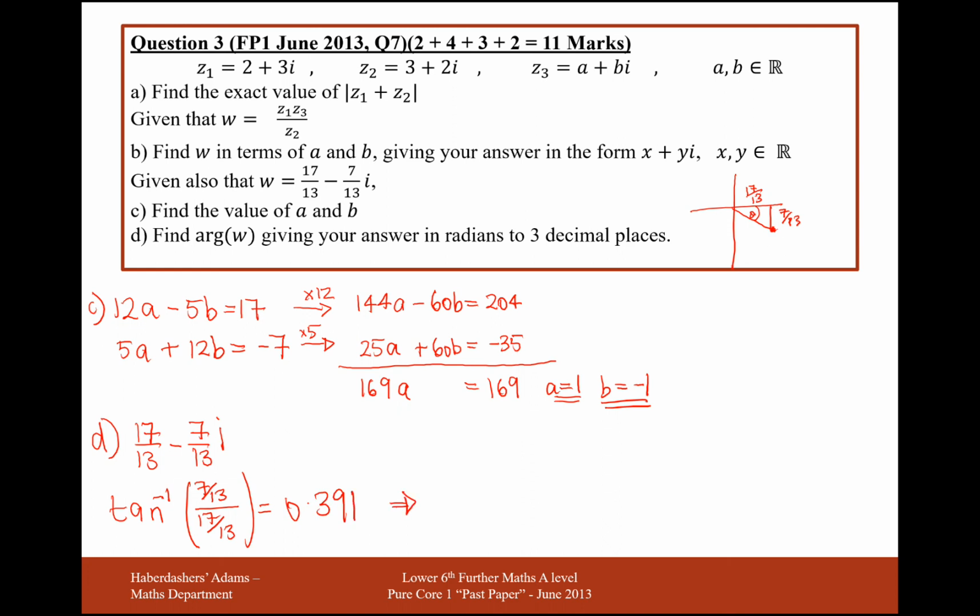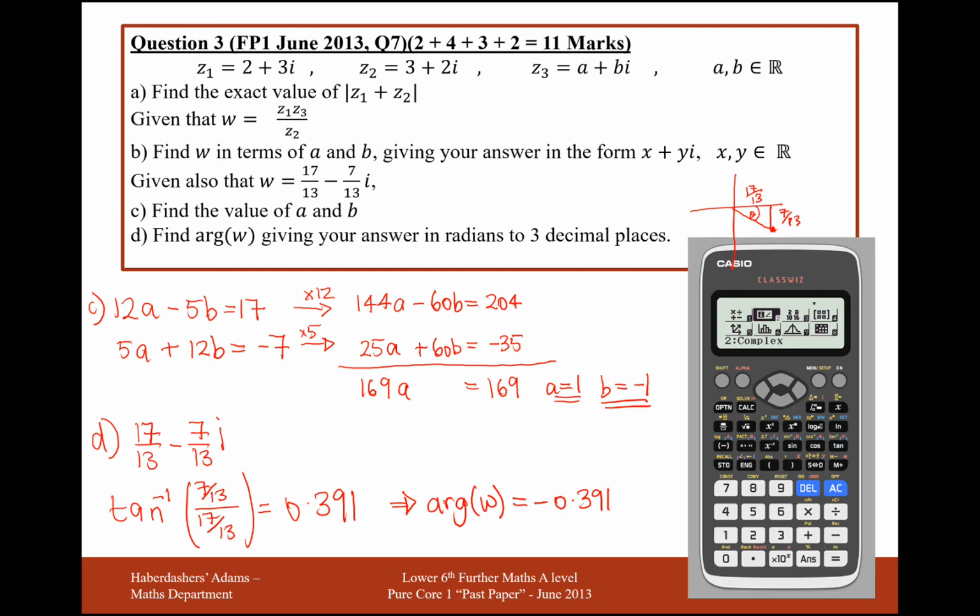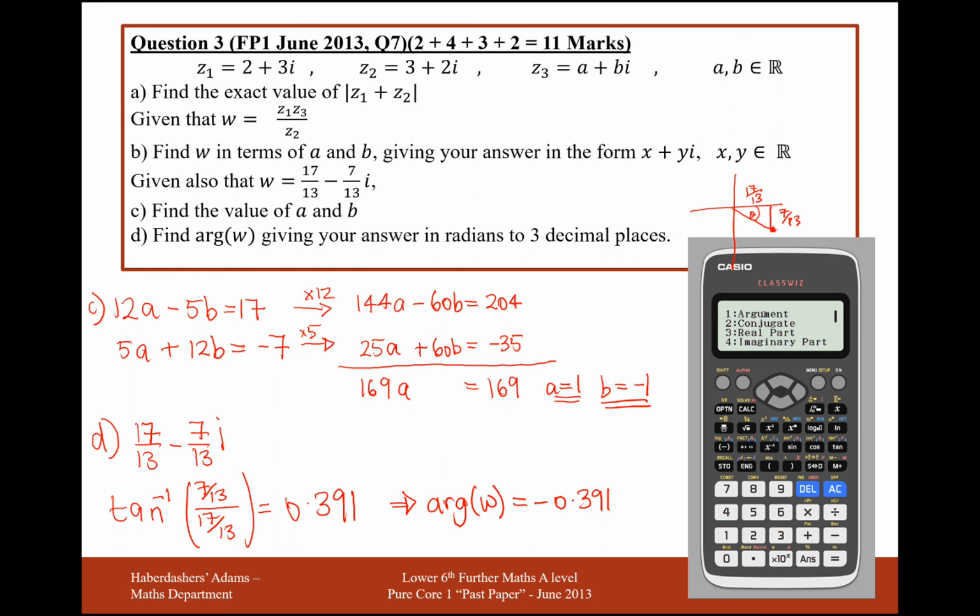Our answer needs to be negative because it's on the bottom, so the argument of w is minus 0.391. Remember that for these sorts of questions we can always check our answer on the calculator. Head over to complex mode, push the options button, you want option 1 for argument. Type in your complex number, 17 over 13 minus 7 over 13i.